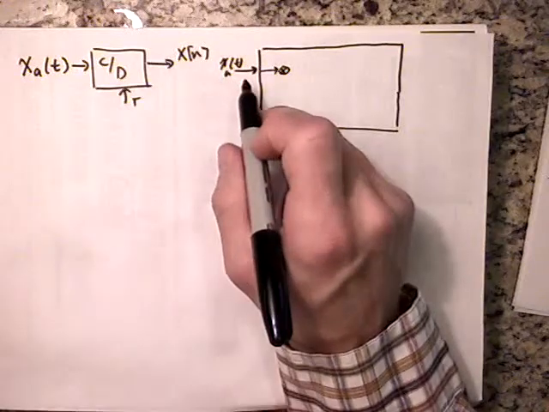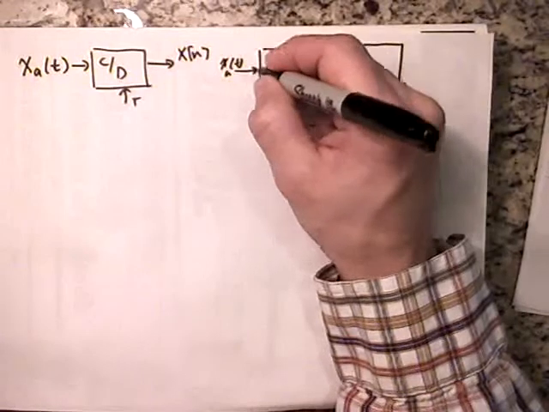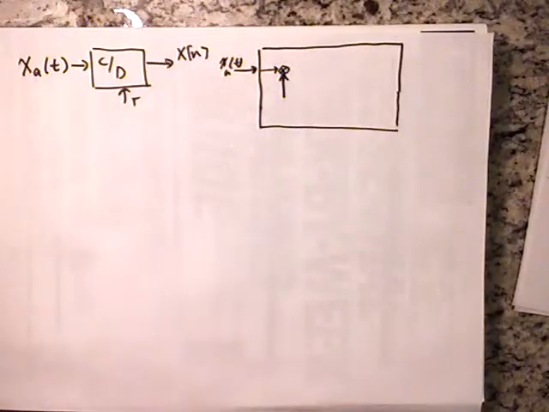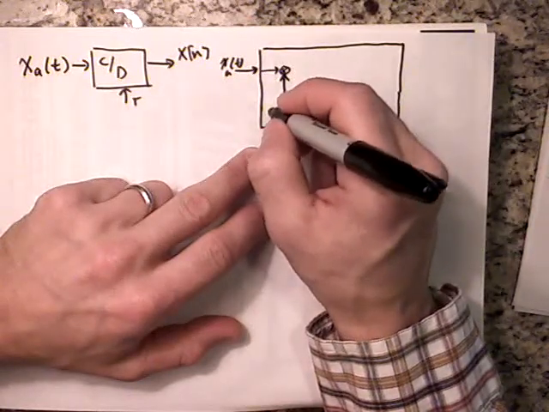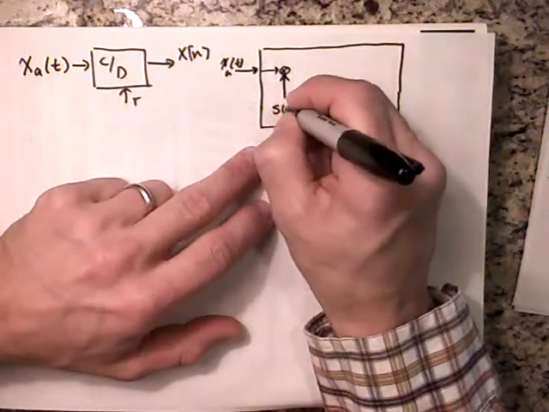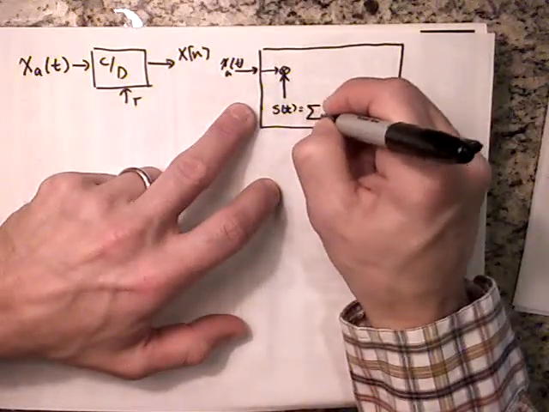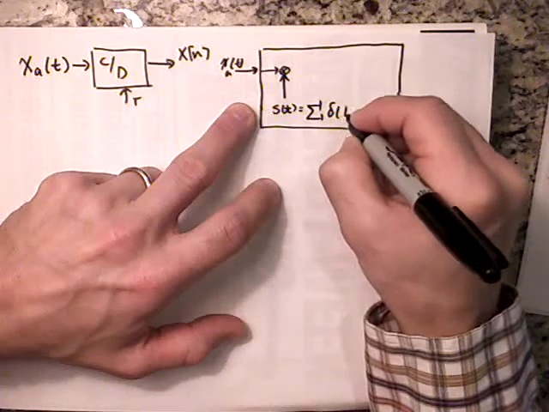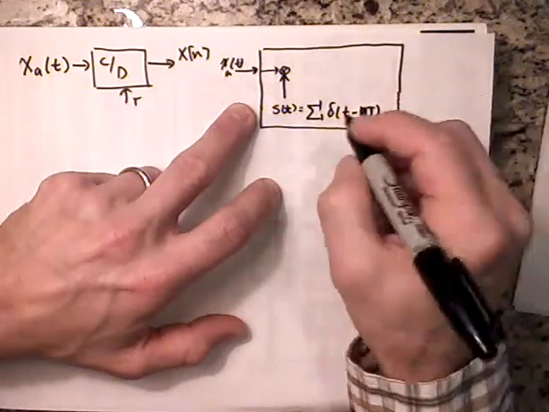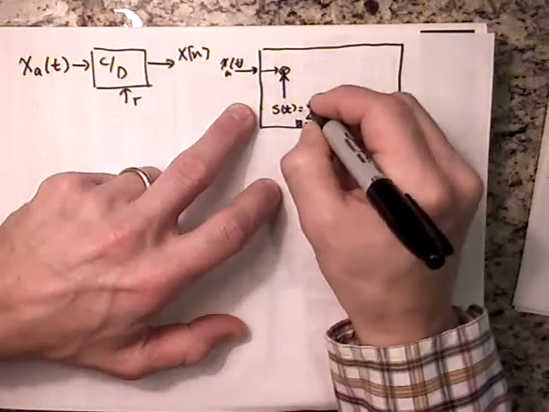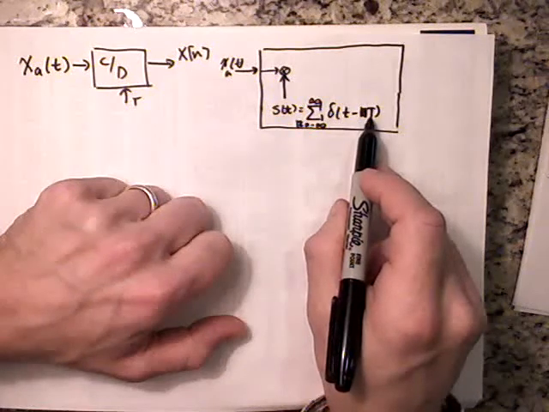You take the analog signal x_a(t), and the first thing that we do is we multiply that signal in the time domain by a periodic impulse train. I multiply it by an impulse train that's spaced capital T seconds apart.